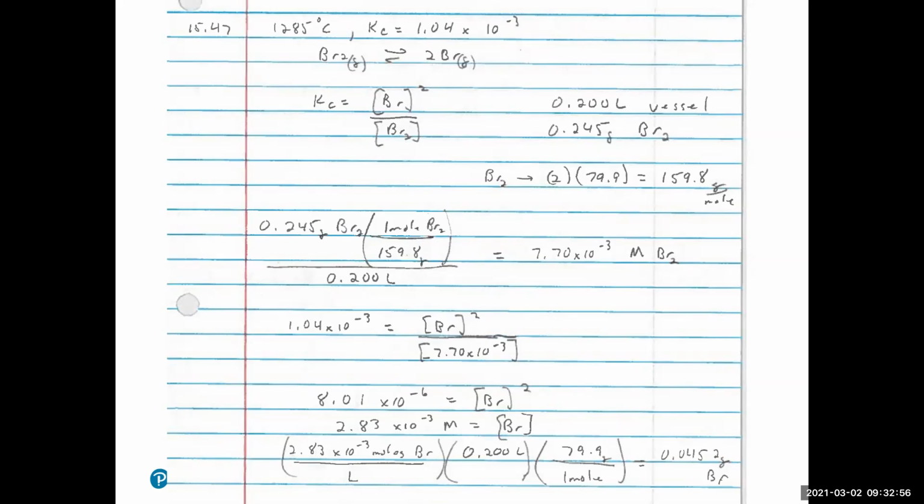Well, the first thing we do is use our 0.2 liter value and multiply it by that to cancel out our liters. Then we use the atomic weight of Br, bromine, 79.9, to convert the moles into grams. And then that leaves us with just grams of bromine.